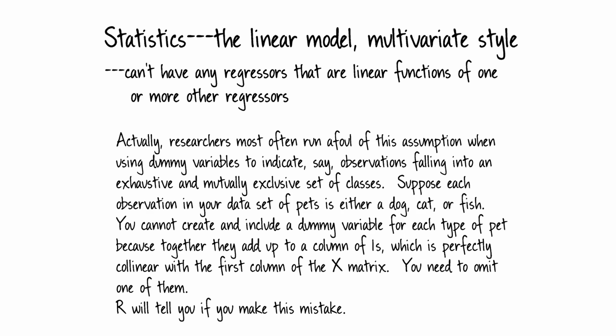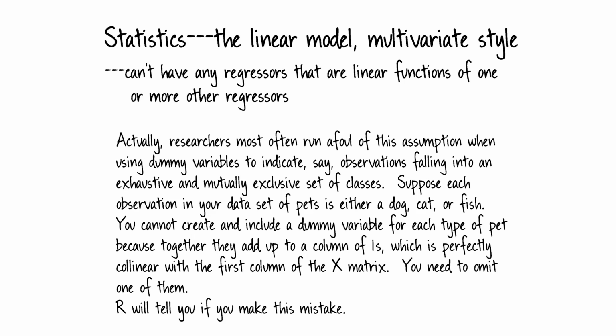So here's an example. Let's suppose I have a data set. Let's say I talk to all my friends in the dorm to collect my data set for 1431, and I ask them what pets they have at home. And let's say all of them have pets. We could have a category for no pet as well. But anyhow, let's say all of them have pets. But they either have a cat, a dog, or a fish.